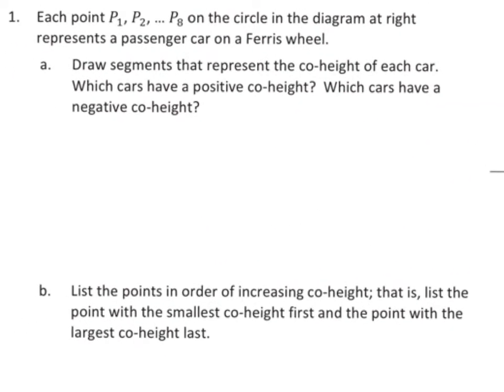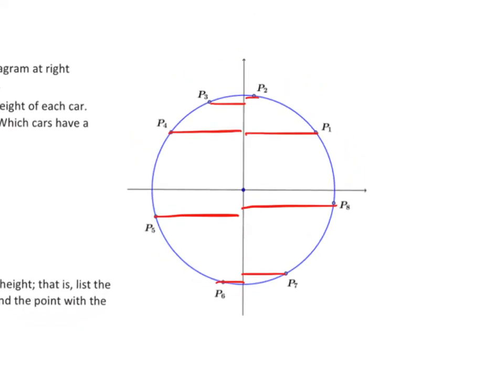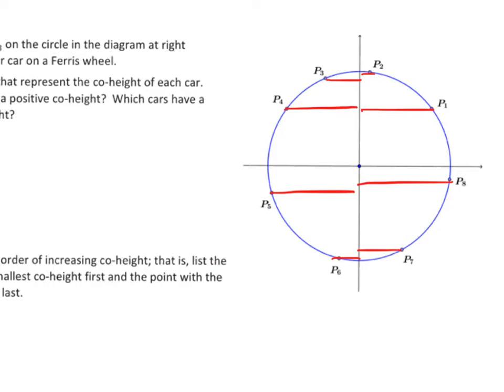Therefore, Section A is to draw segments that represent the co-height of each car. Which cars have a positive co-height and which cars have a negative co-height? So here are the segments to represent the co-height of each car. Okay, now that we've done that, which ones are positive?